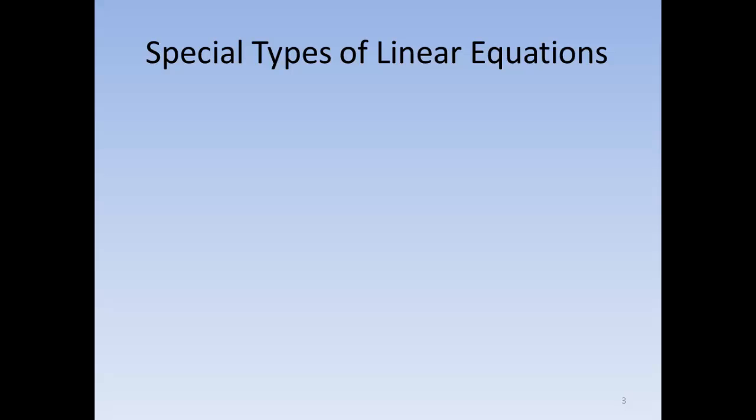We have two types of special linear equations. The first one is going to be f of x equals a constant. I'm choosing the constant -3. Here we will have our input values, our domain.